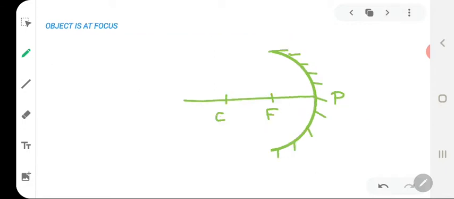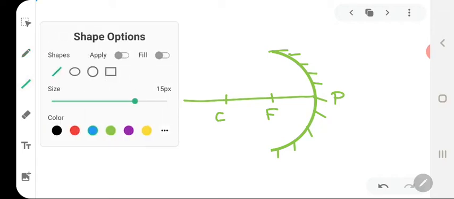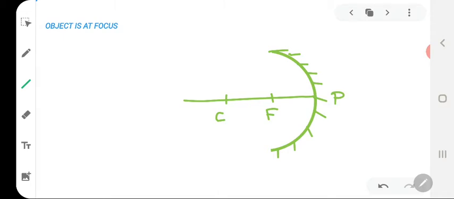Now, in the next situation, the object is at the focus. So let us consider the rays of light.